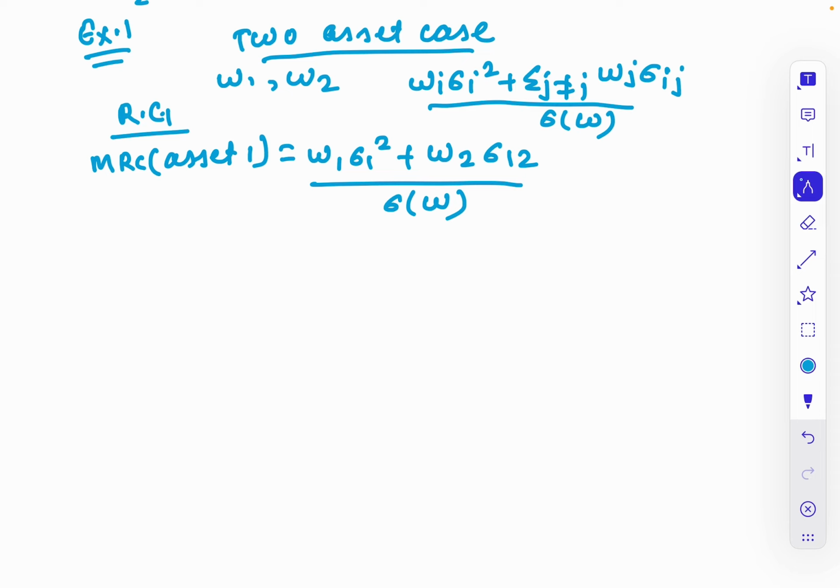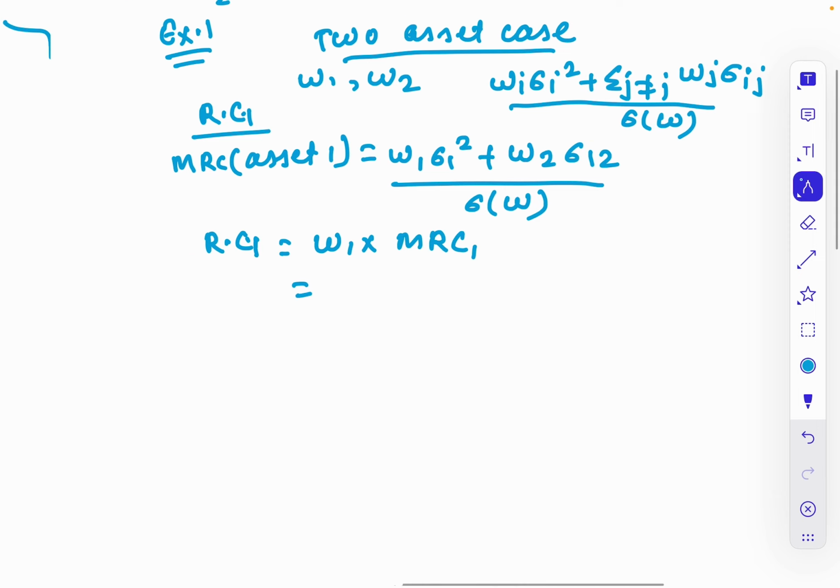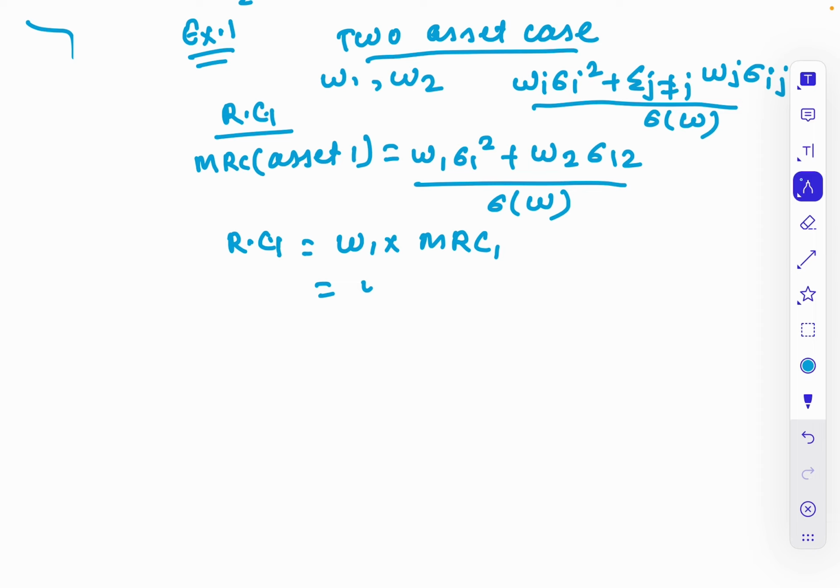The risk contributed by asset 1 is w1 into MRC of 1, so it will be w1 square sigma 1 square plus w1 w2 sigma 12, divided by the portfolio risk.